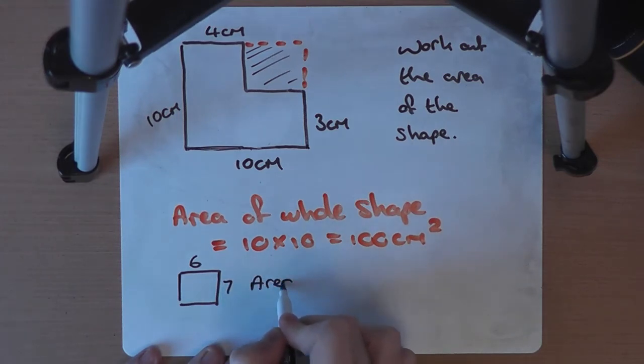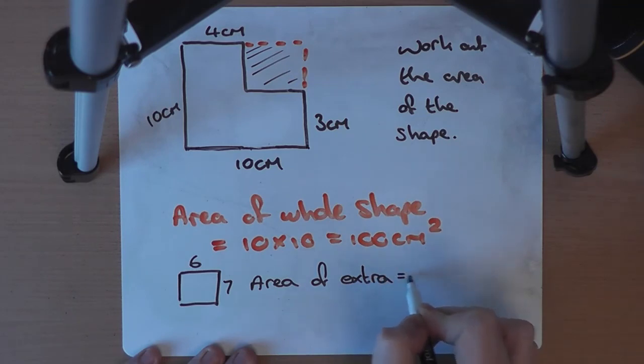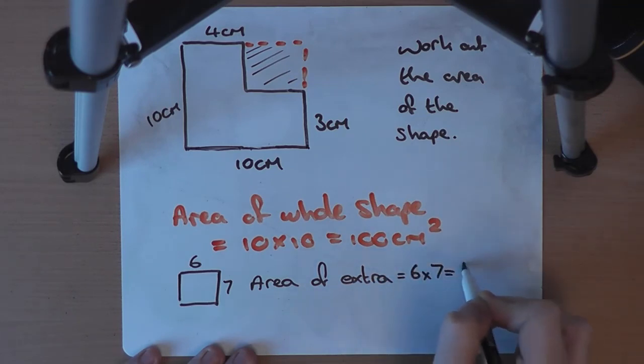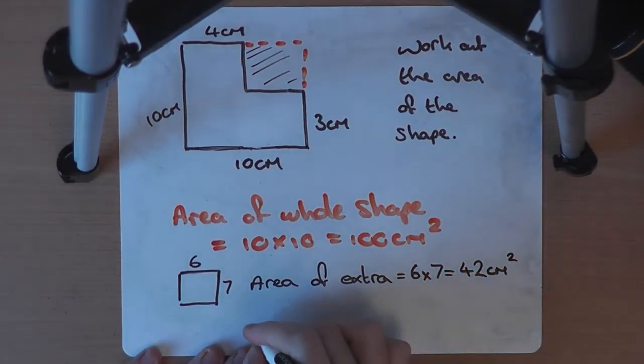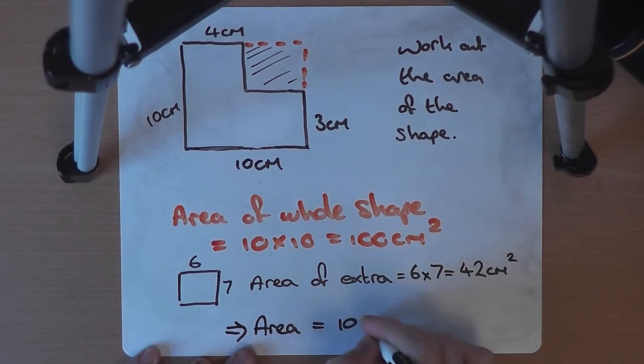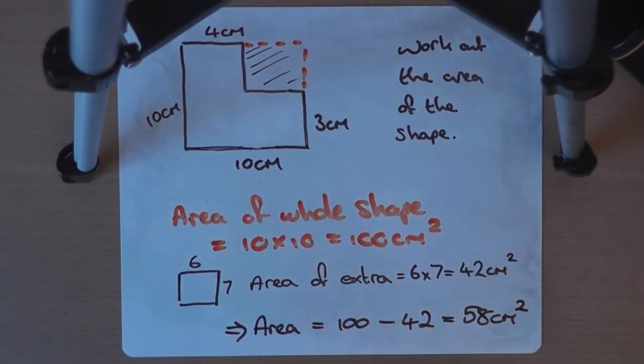The area of the extra is going to be 6 times 7, which is 42 centimetres squared. So therefore, the area will be the 100 complete shape, less the 42 that we don't want, which is 58 centimetres squared, and we've got the same answer as with the previous method.